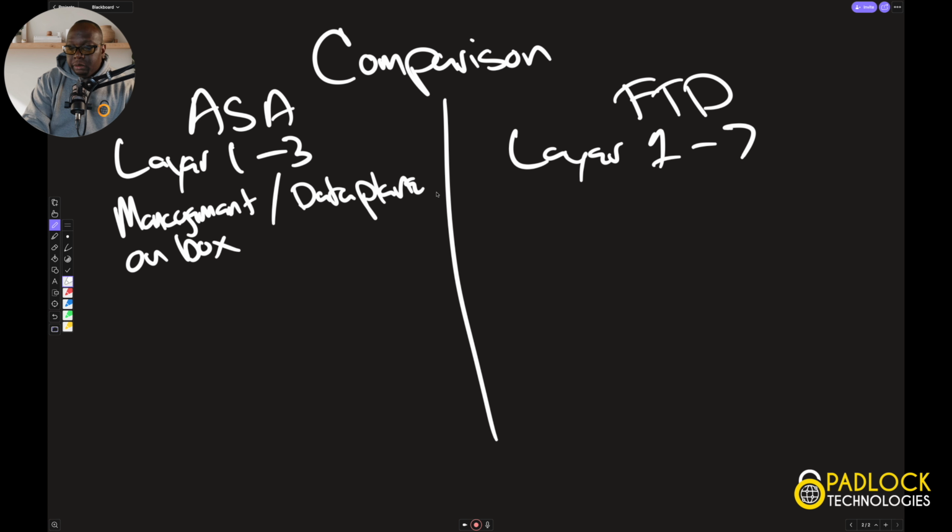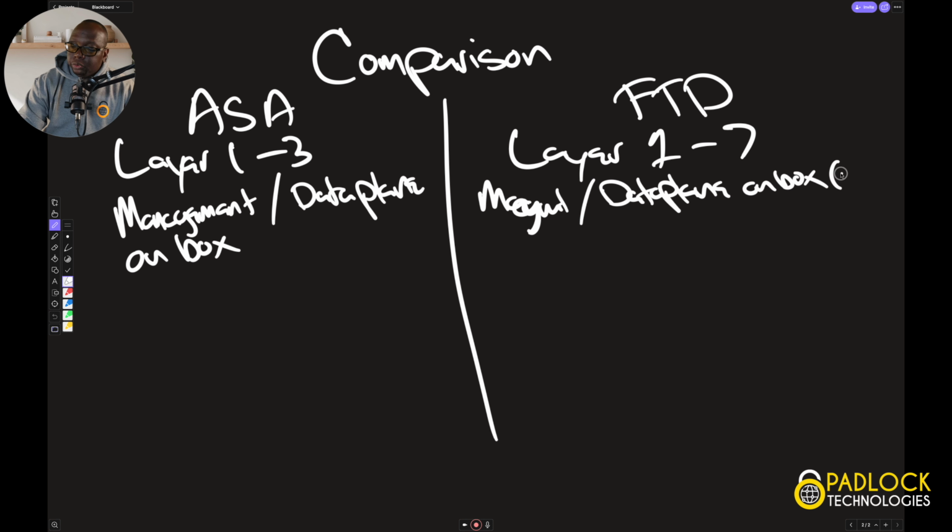FTDs have the same: you can do management and data plane on box, although I would not recommend using FDM if you don't want to buy the FMC license.